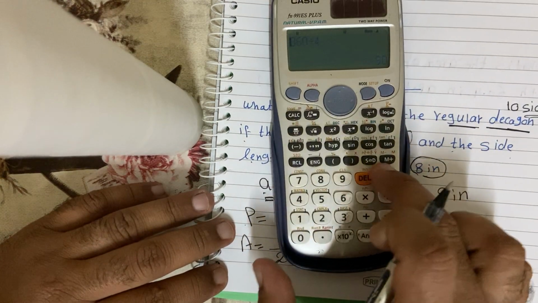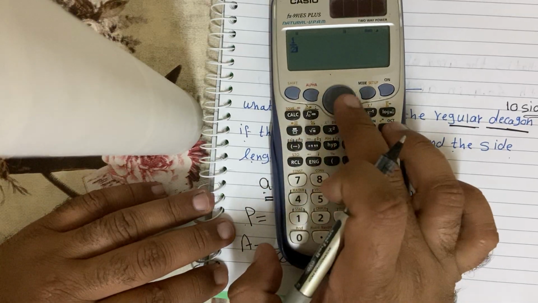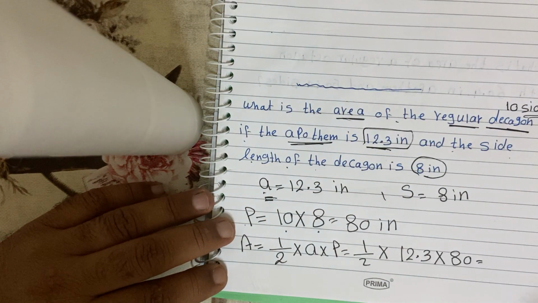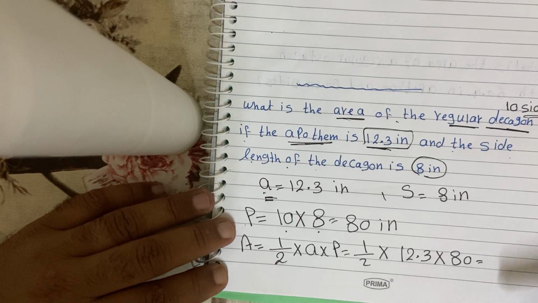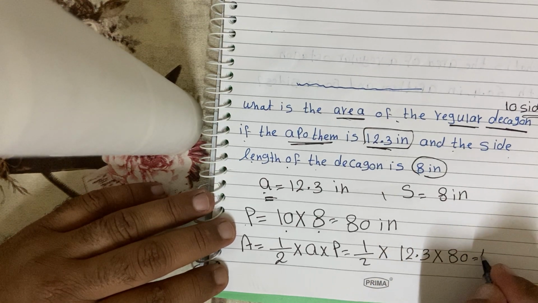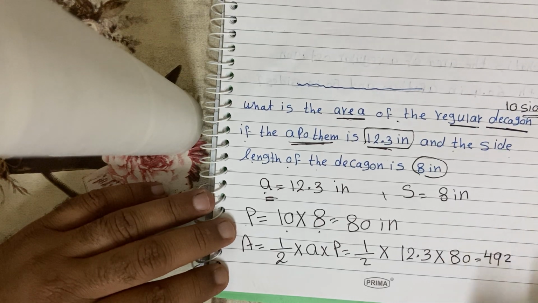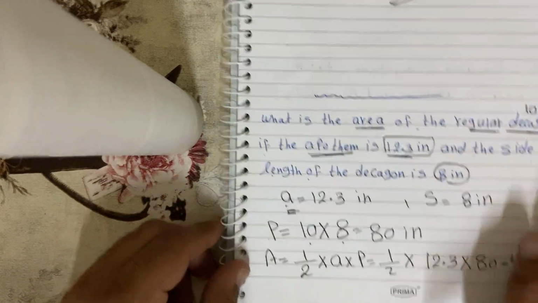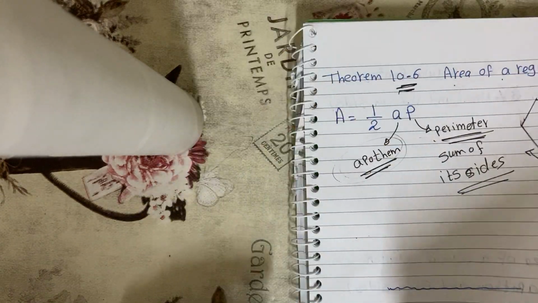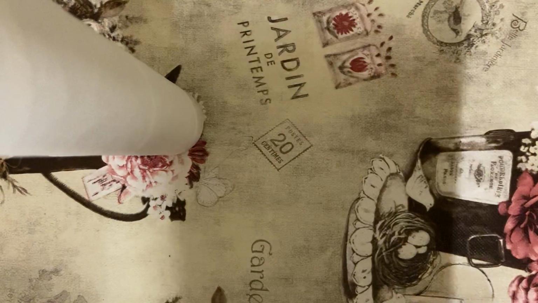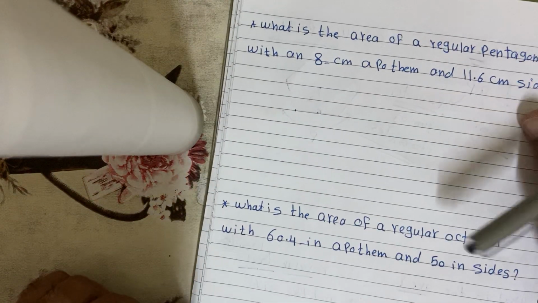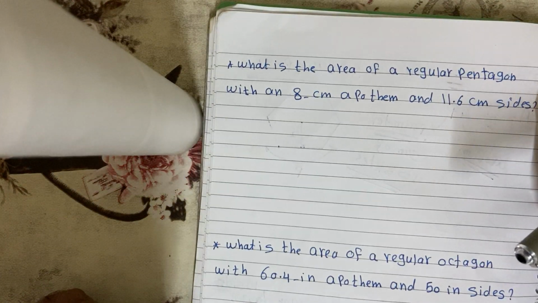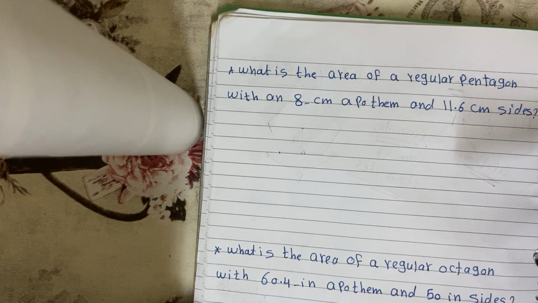Half times 12.3 times 80. The answer is 492 square inches. So again, area of a regular polygon is half times A times P. A is the apothem, P is the perimeter of the polygon.